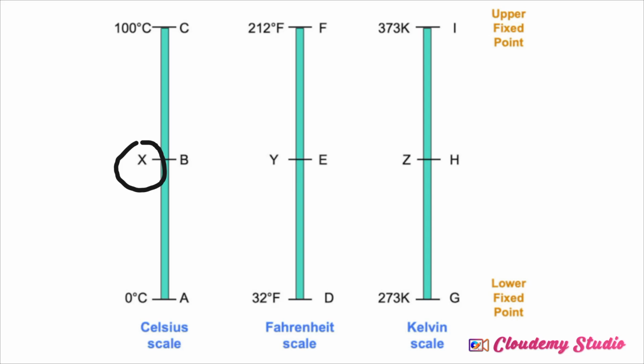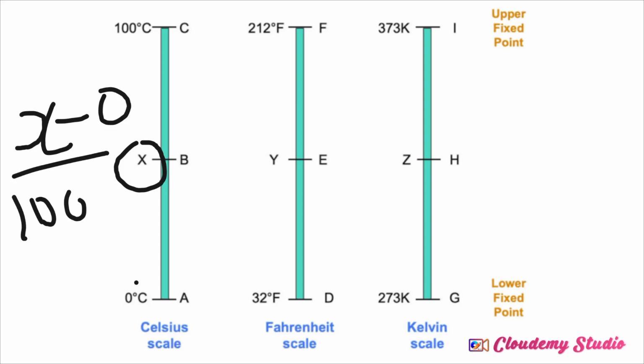If they give you a temperature in one scale, you are just going to take it to the other scale. Let's say you want to convert from Celsius to Fahrenheit. You can see the lower fixed point on the Fahrenheit scale is 32 degrees Fahrenheit, and don't forget that Kelvin does not have a degree. So that would be x minus 0 over 100 minus 0.